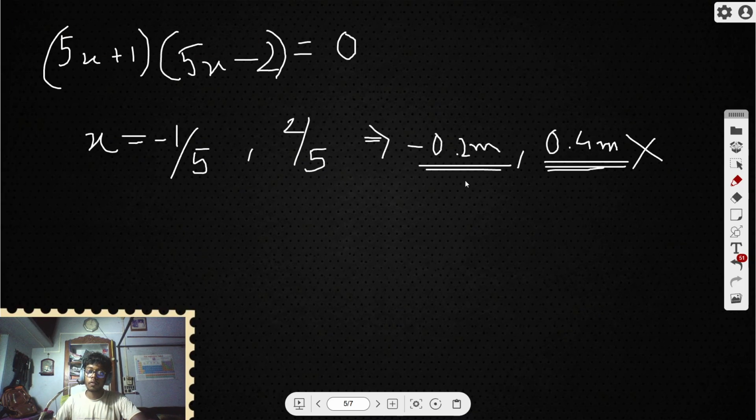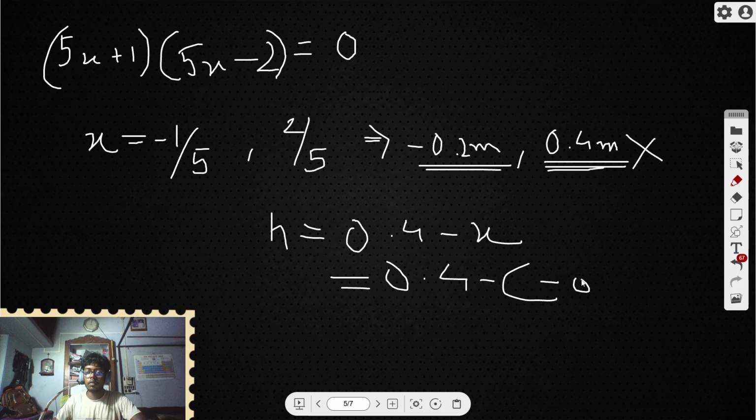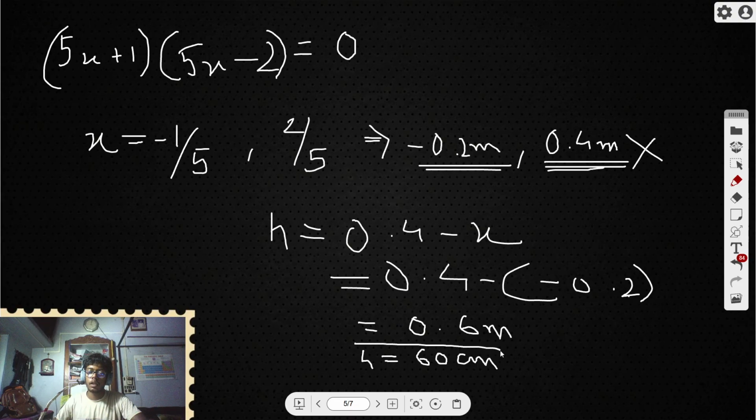If we calculate the height from here, we know it was equal to 0.4 minus x, so 0.4 minus of minus 0.2, it will be nothing but 0.6 meter, or 60 centimeter. The height is 60 centimeter in this case.